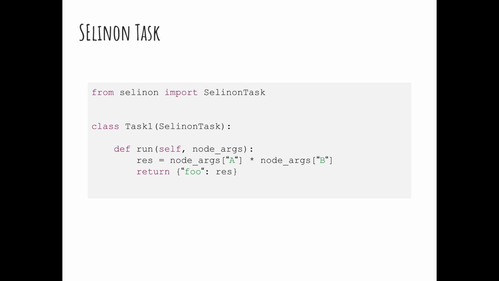Okay, so this is task implementation. As you can see, you don't bother how you store results. The only thing you state in task implementation is basically how you compute results.